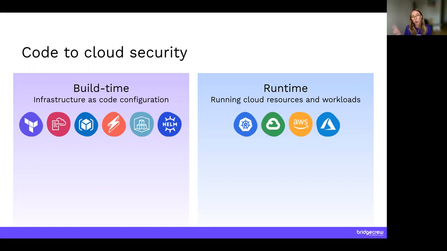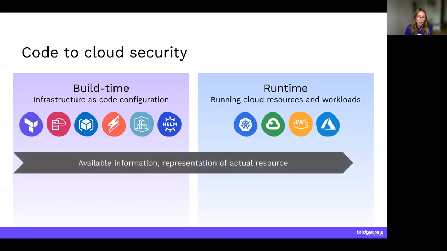With infrastructure as code, we have some unique considerations. I think with shift left, it's always like, oh, it's so easy. We should shift security as early as possible into code so that it's much easier to fix things down the road. But with infrastructure as code, there are some unique considerations. On the one hand, as you move towards runtime, you have much more information available.